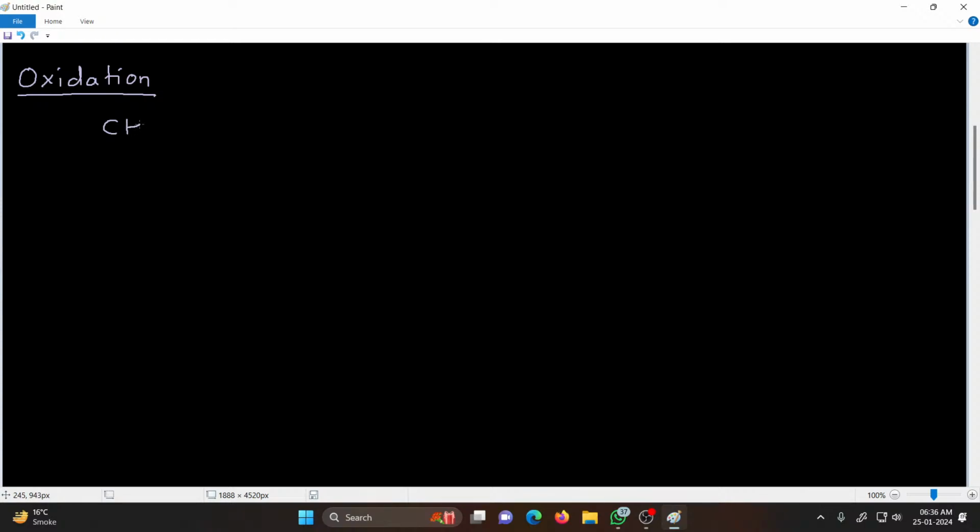For example, we have an alcohol, CH3CH2OH, ethanol, and the conditions of the reaction are that you have to use an oxidizing agent, which actually provides the nascent oxygen. So we write oxygen in square brackets, indicating the nascent or atomic oxygen.